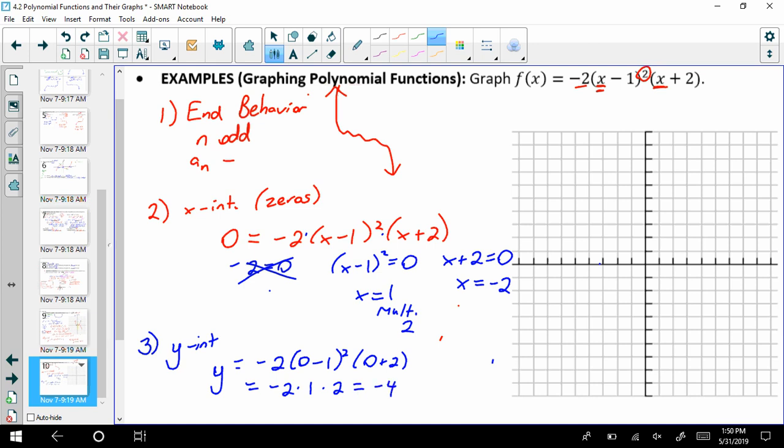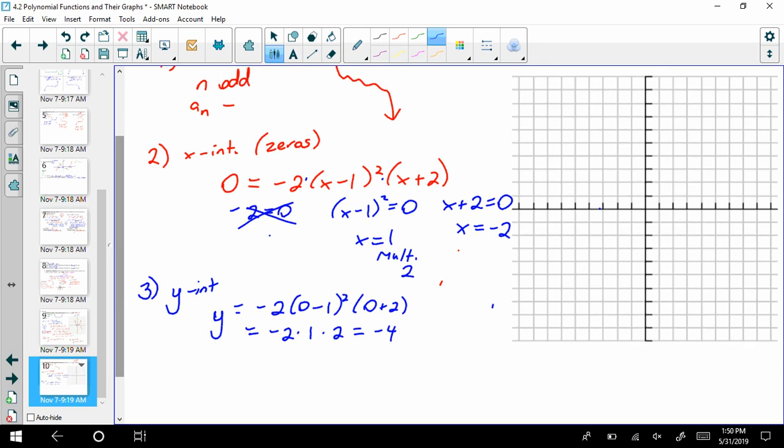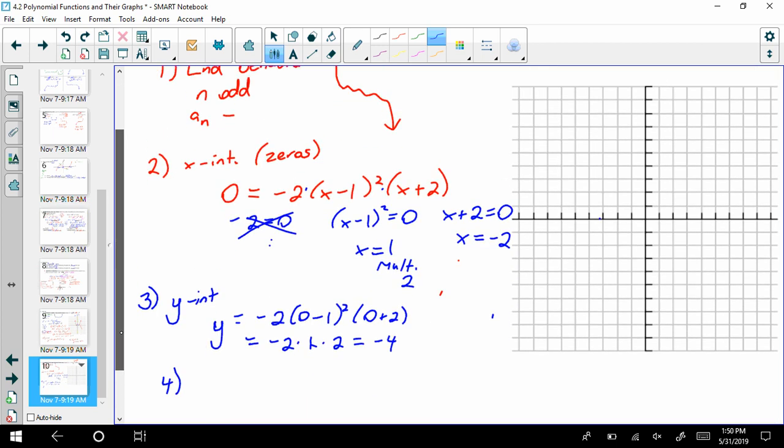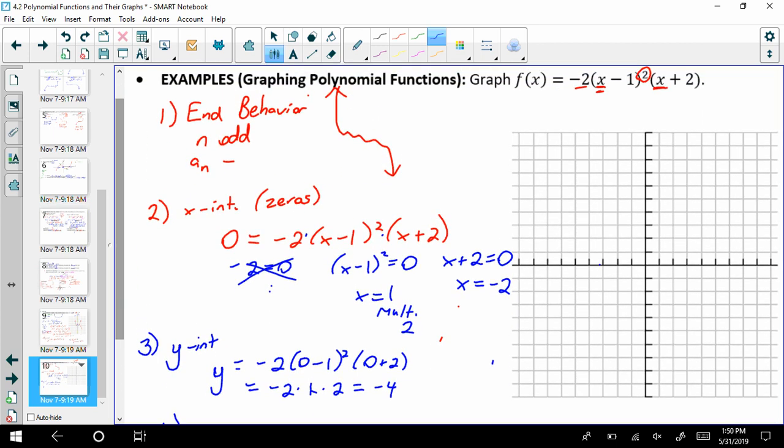I have a y-intercept of -4. And finally, would this be even, odd, or neither? It might be a little bit hard to see it on this one, especially since it's not multiplied out all the way. So let's hold up on that and see if we can get it without knowing that.